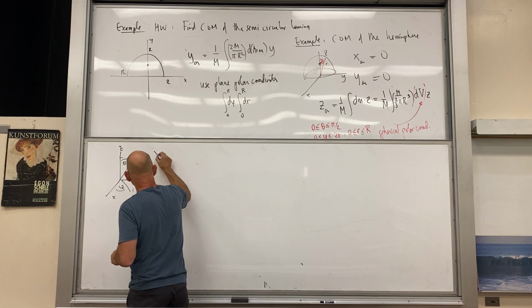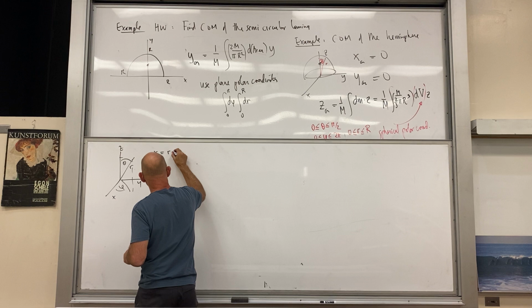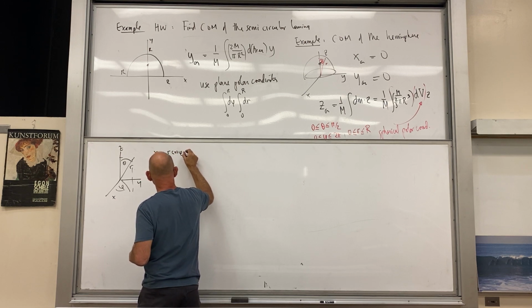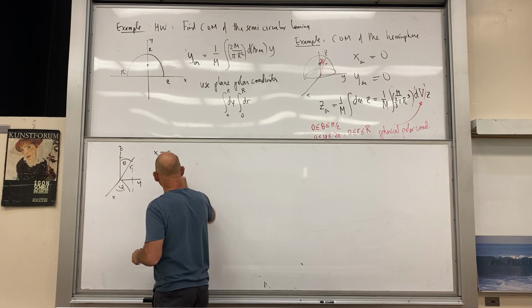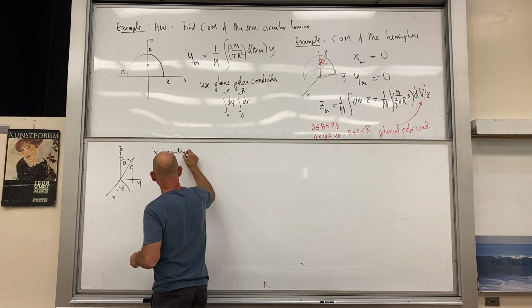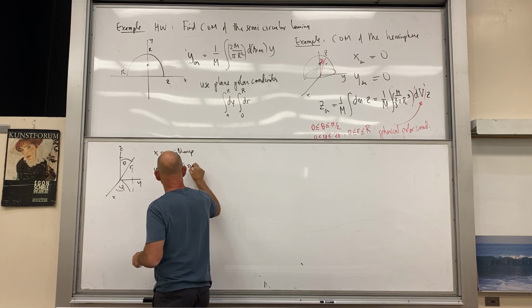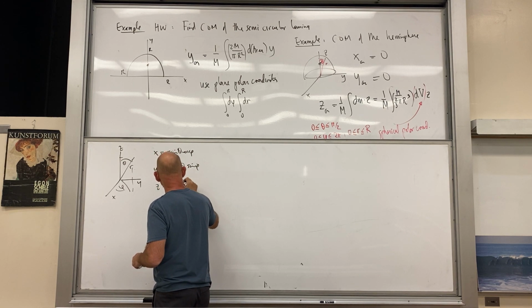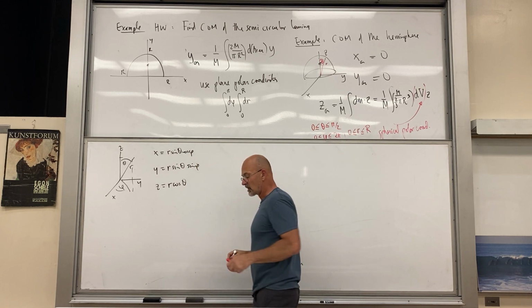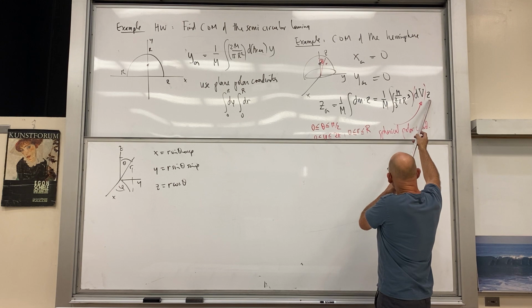We have x equals r sine theta cos phi, y equals r sine theta sine phi, and z equals r cos theta. So the r cos theta is what we're plugging in for the z.